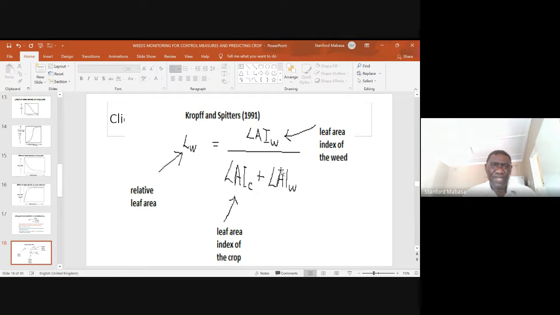Now, Kropff and Spitters in 1991 proposed that relative leaf area was more appropriate than counts. Relative leaf area is the leaf area index of the weed divided by the sum of the leaf area index of the crop and the leaf area index of the weed.